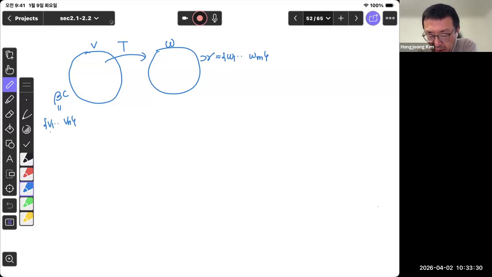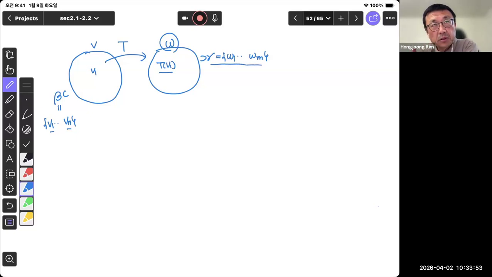You map each vector in a basis for the domain under T. So given V1, this V1 will be mapped to some vector denoted by T of V1. And this T of V1 is a vector in W space, in which gamma is a basis.